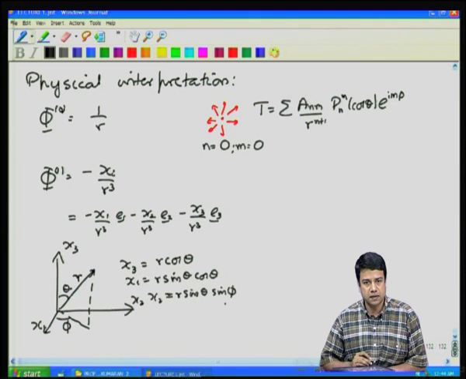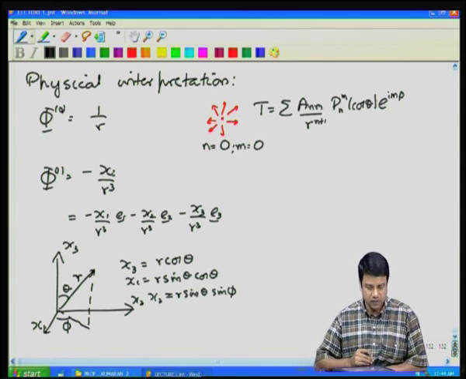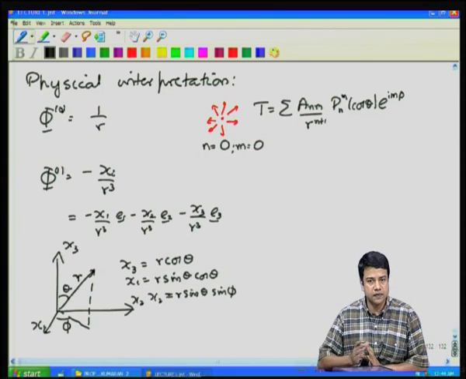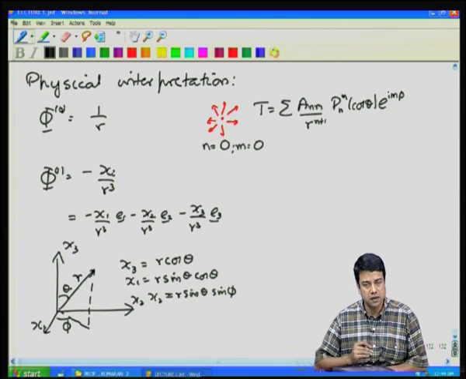This is the expansion of the coordinates x_1, x_2, x_3 in the spherical coordinate system. x_3 is r cos theta, because the angle between the x_3 axis and the radius vector is equal to theta. The projection is equal to phi, therefore, x_1 is equal to r sin theta cos phi, and x_2 is equal to r sin theta sin phi.